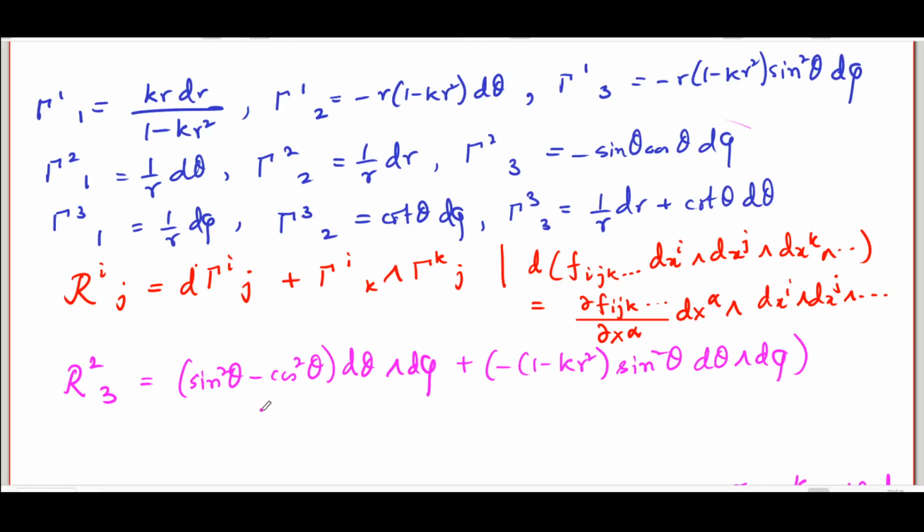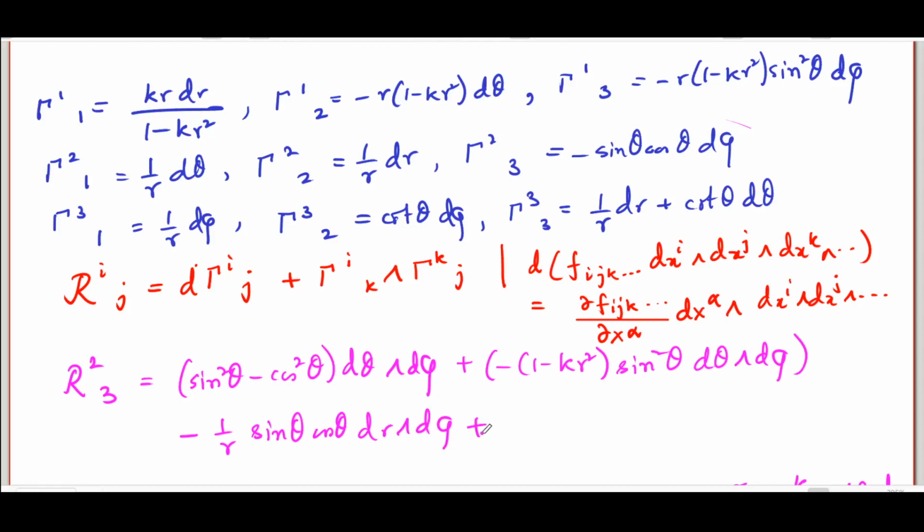Then you have to add to this gamma 22 wedge gamma 23. So gamma 22 wedge gamma 23. That gives you minus 1 by r sine theta cosine theta dr wedge d phi.